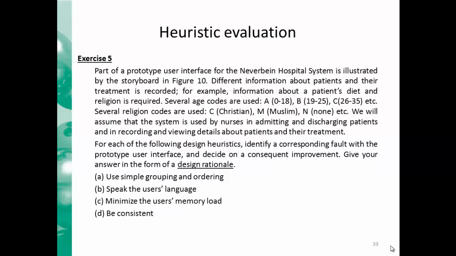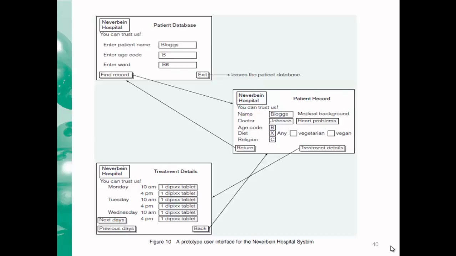Another example is given here. In this example, all the issues in the previous slides are covered, and if you look at the interface, you find consistency in placing the buttons. Every screen has a title.